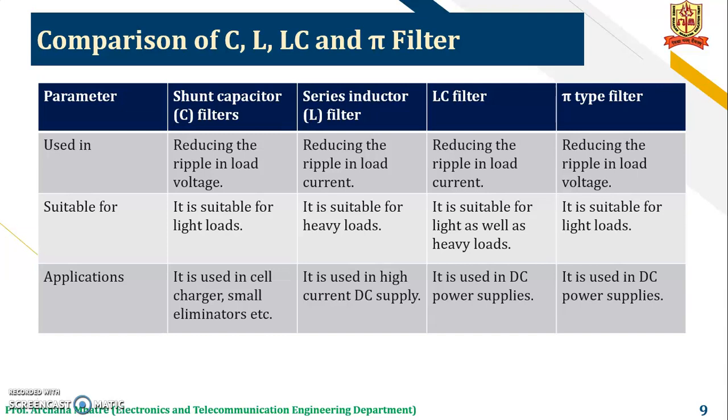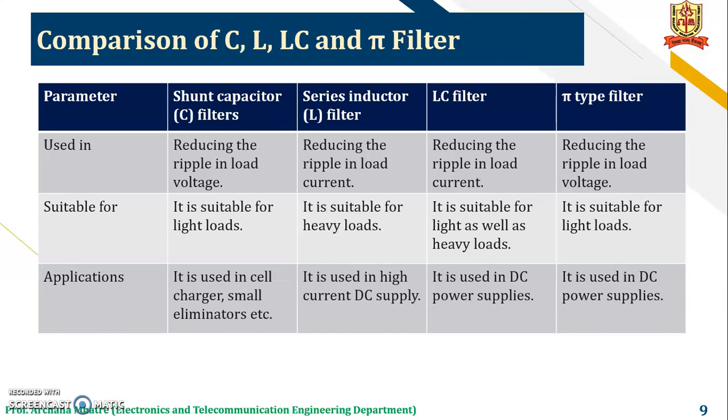Next parameter is suitability. C type filters are suitable for light loads. L filters are suitable for heavy loads. LC filters are suitable for light as well as heavy loads, and pi type filters are suitable for light loads.